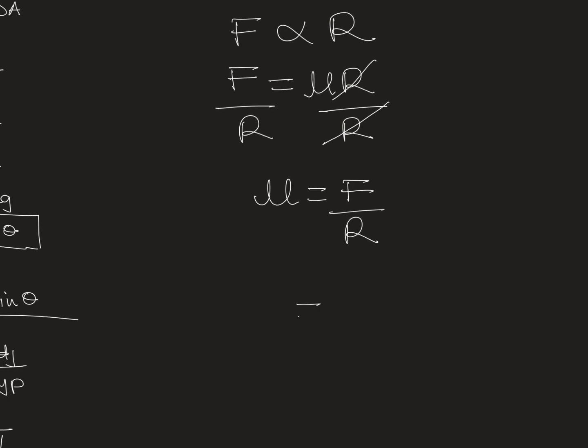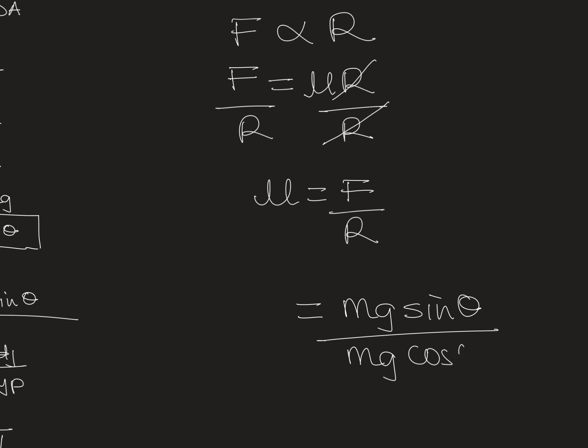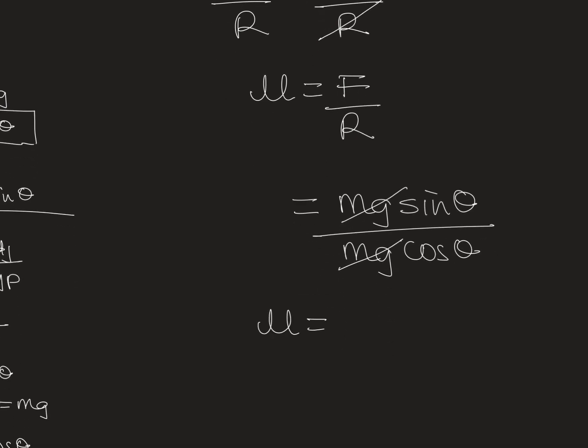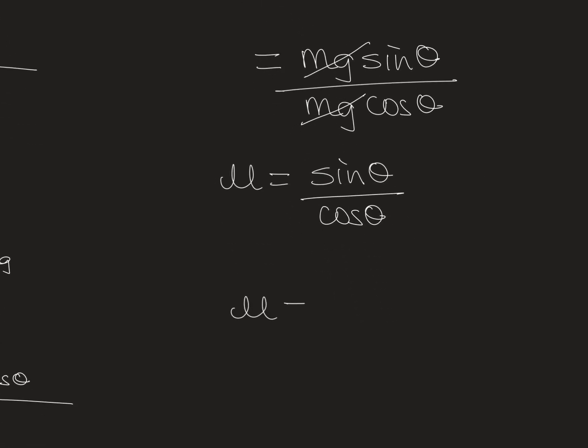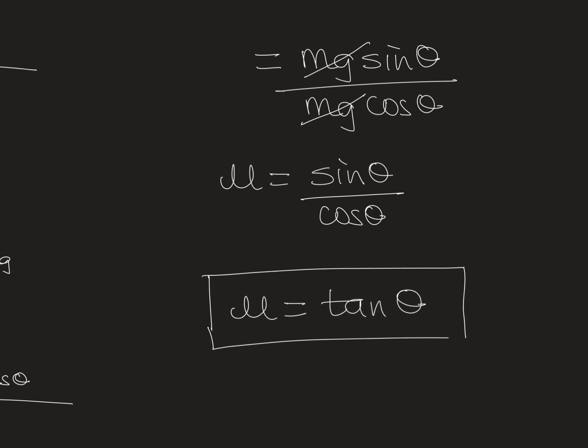So what is F? We said it is mg sine theta divided by what is R? It is mg cos theta. So mg will cancel mg. We have mu is equal to sine theta all over cos theta. So mu will be equal to tan theta. Remember, sine theta divided by cos theta will be equal to tan theta.